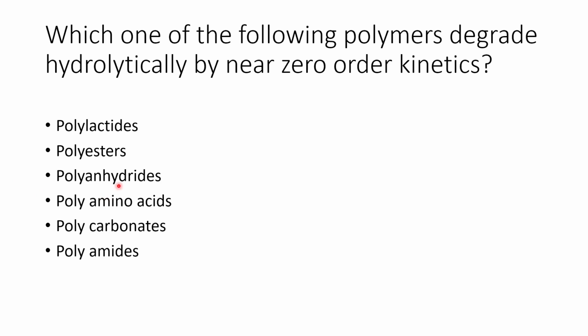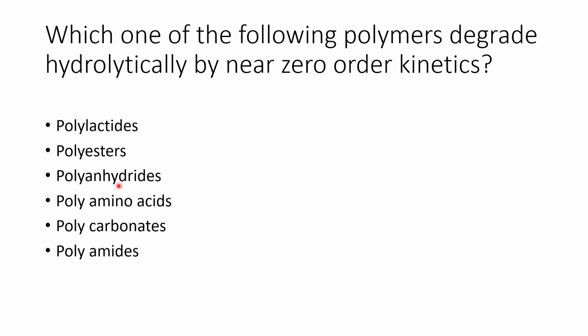Polyanhydrides, on the other hand, have an anhydride bond and they're super fast to be cleaved by water. They're readily cleaved whenever they're exposed to water. Polyamino acids, obviously not, because we know proteins are very stable in water. Polycarbonates, no, and polyamides as well. They require very strong alkaline and acidic conditions in addition to water to be hydrolytically cleaved, so they require very low or very high pHs.